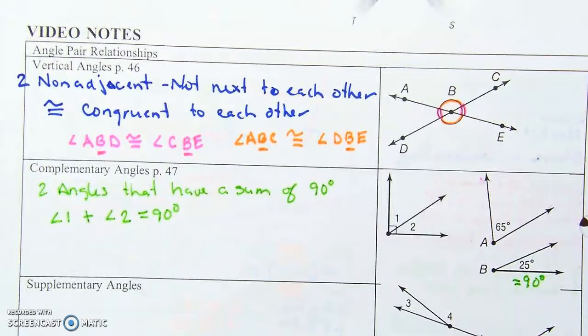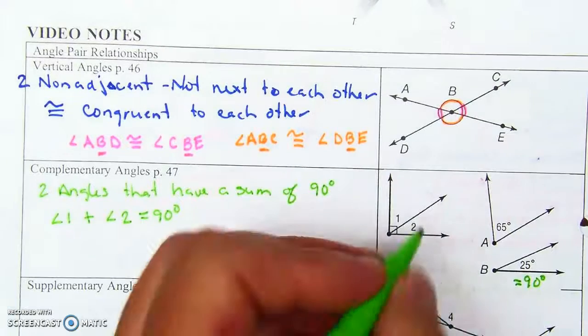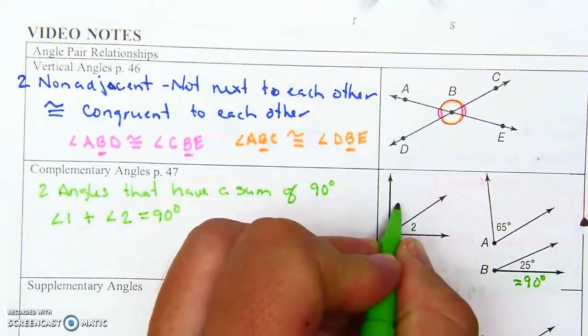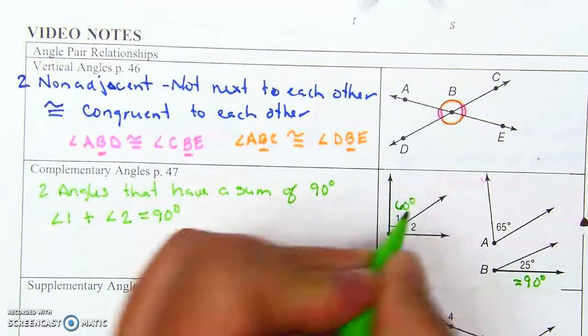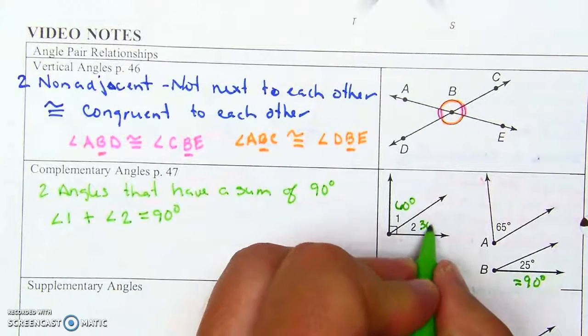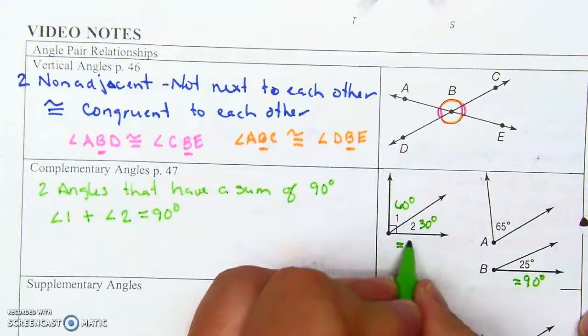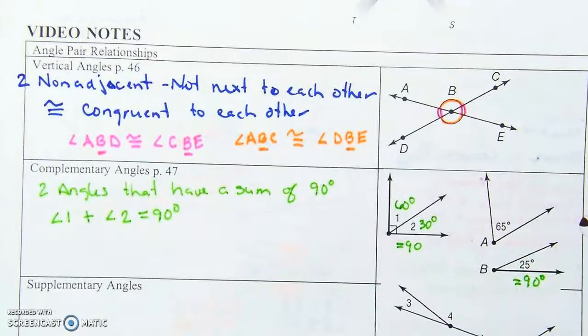They do not have to be connecting like we talked about before with a straight angle or a linear pair. So if we said this one is 60 degrees, that means this one has to be 30 degrees because they have to add up to 90 degrees. Okay? Hope that makes sense.